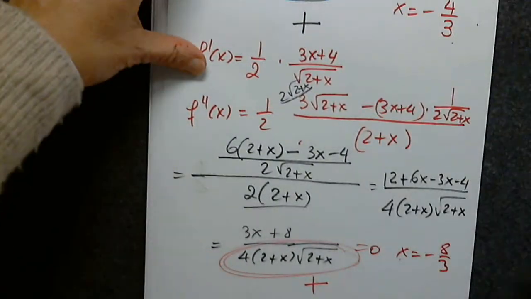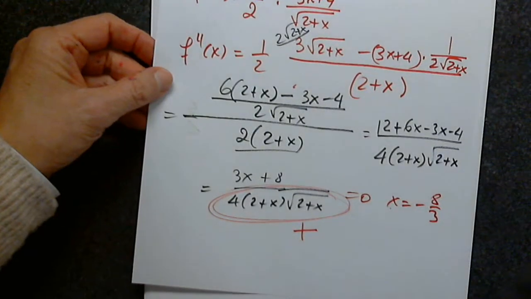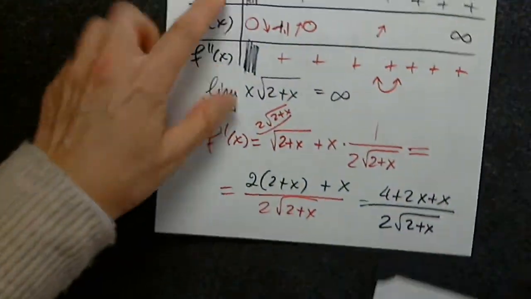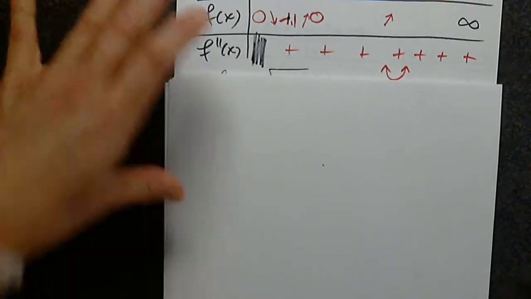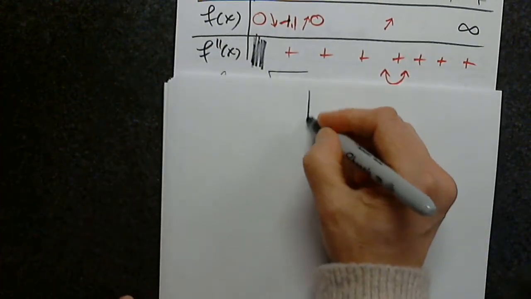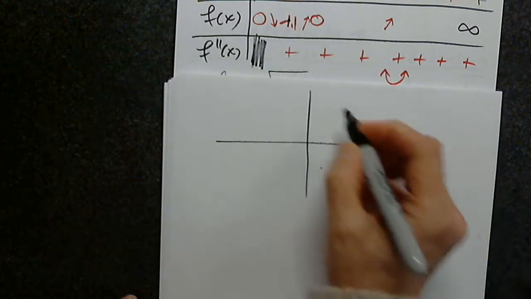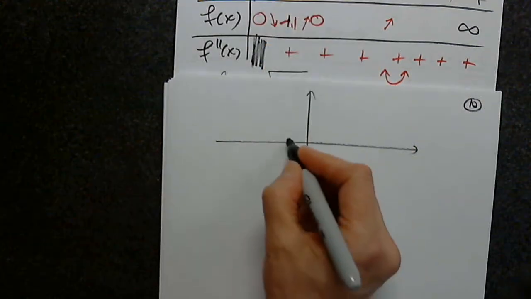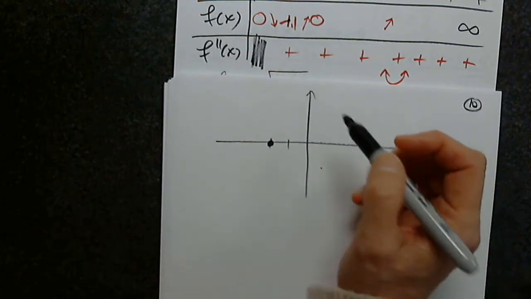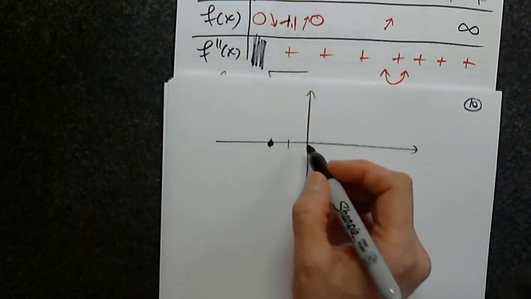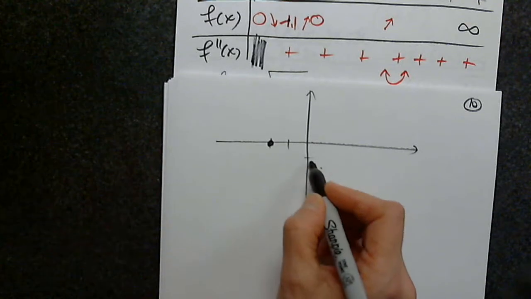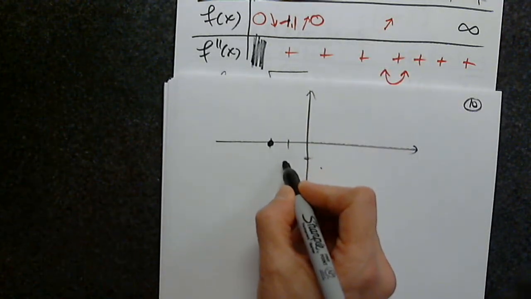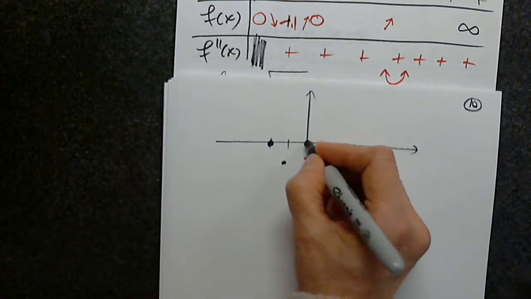So now we're ready to graph this function. So that's all I need, just this. Okay, -2, 0. -4/3, -1.1. 0, 0.